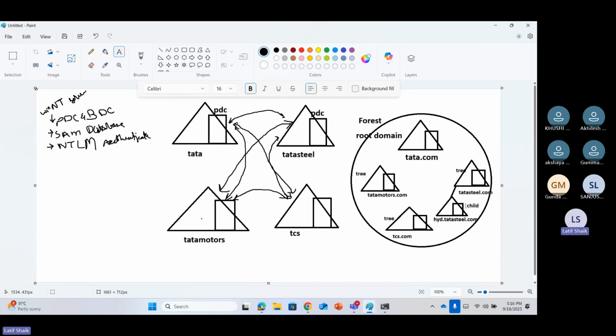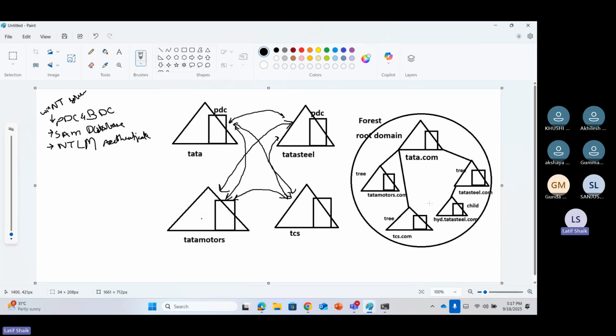Child domains can be created under the root domain, a tree domain, or any other child domains also. Okay, so this is a forest. Under the forest, we have domains and domain controllers.